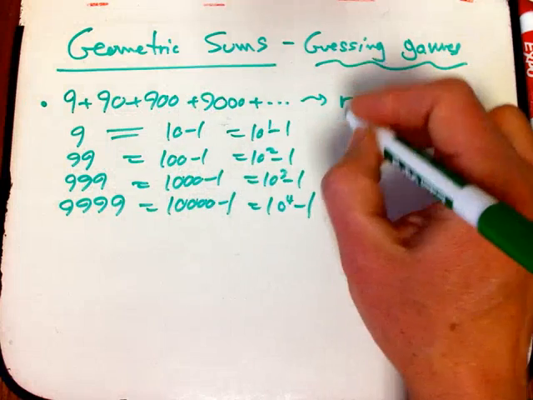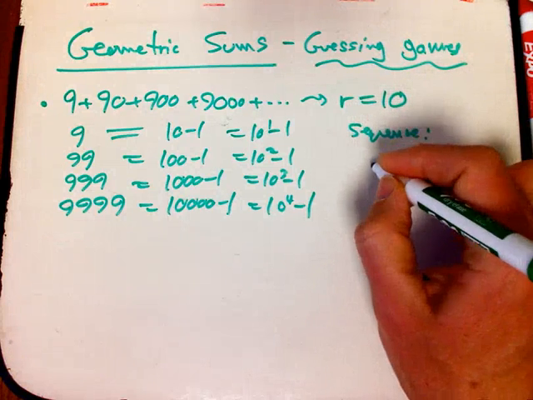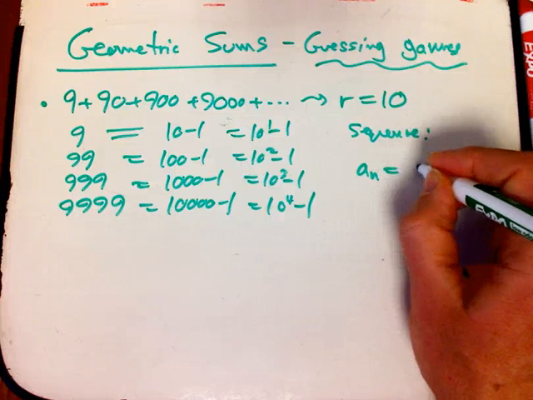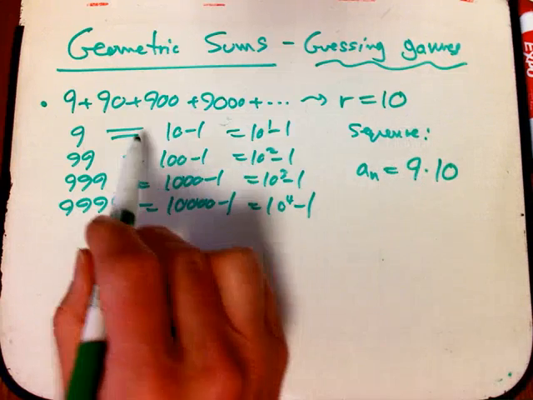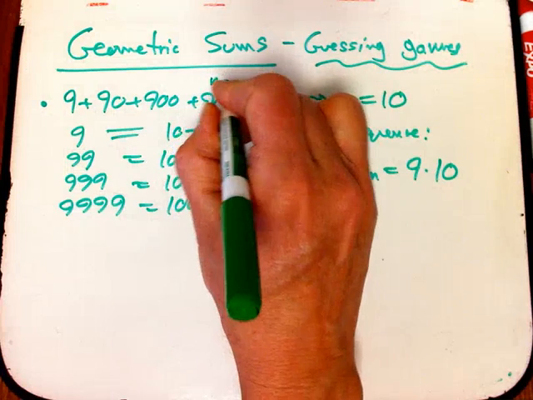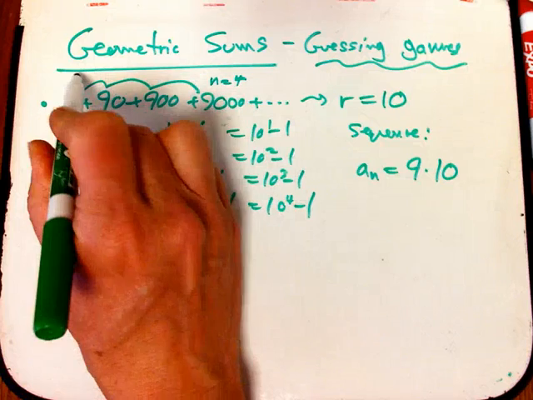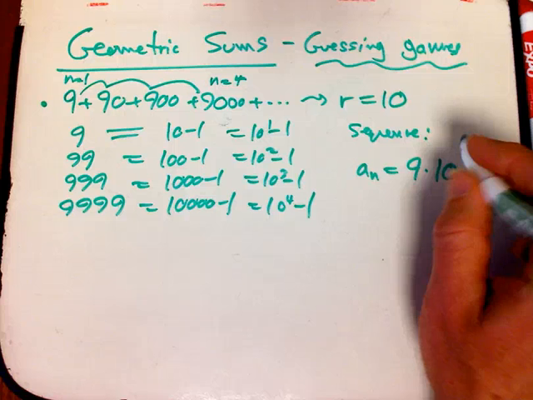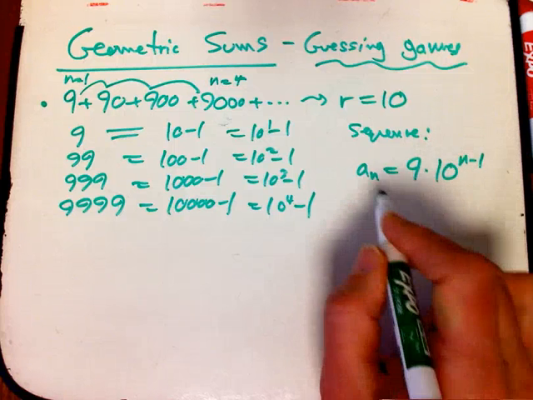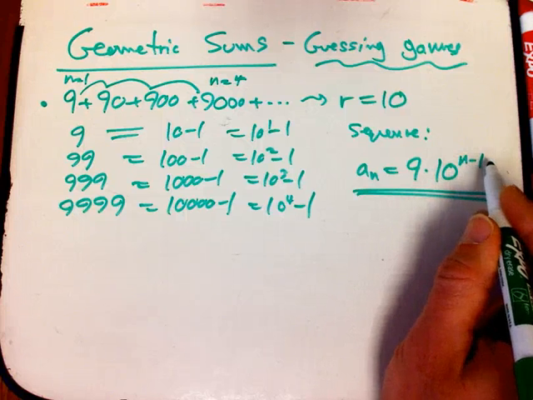And so in fact, the sequence formula here is a sub n is 9 times, let's see, to get the fourth one in the sequence, I'm just doing 3 hops from n equals 1, so I only am multiplying by 10 to the third. A very standard thing for geometric sequences is first term times ratio to the n minus 1.